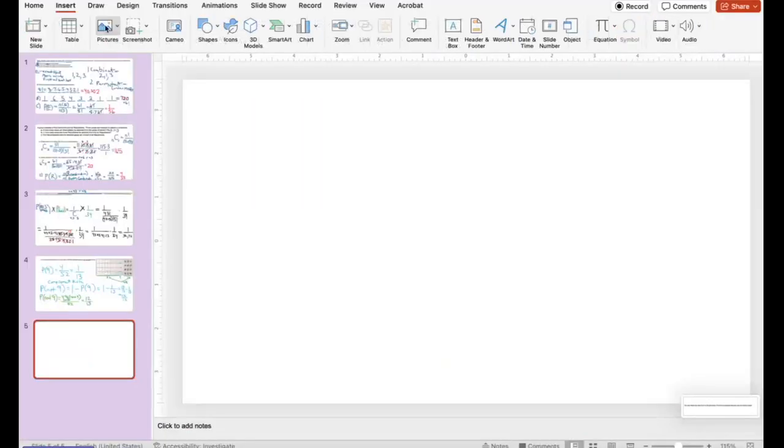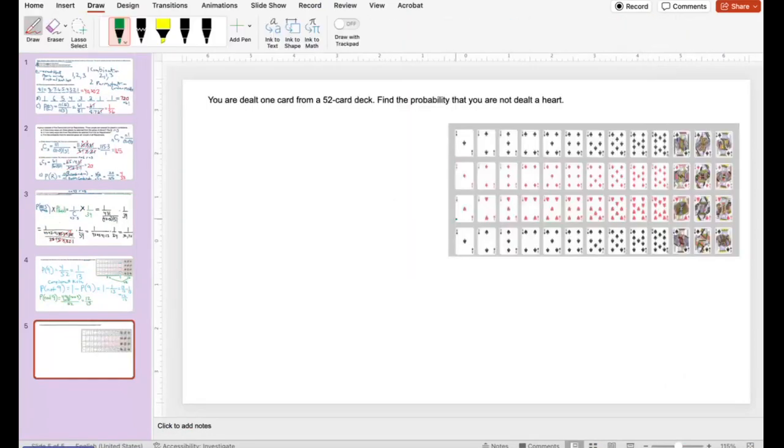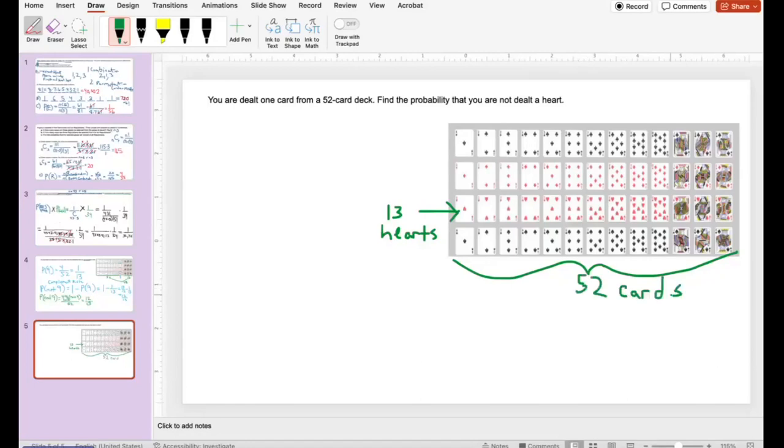Okay, I'll go ahead and just put this one because it won't take long. We don't need to explain it as much. All right, so there's 13 hearts, and then there's 52 cards. So probability not heart is equal to 1 minus probability of heart.